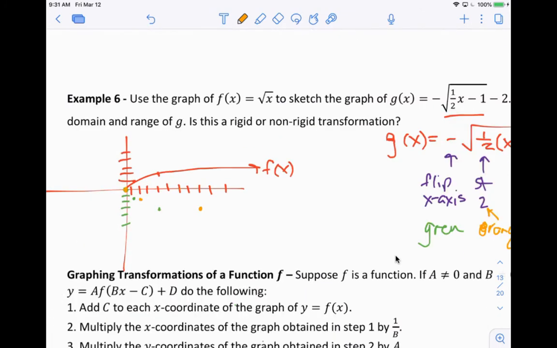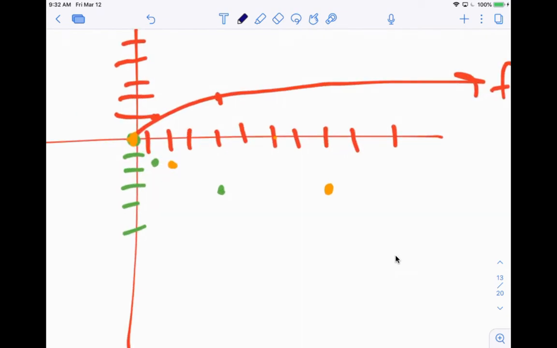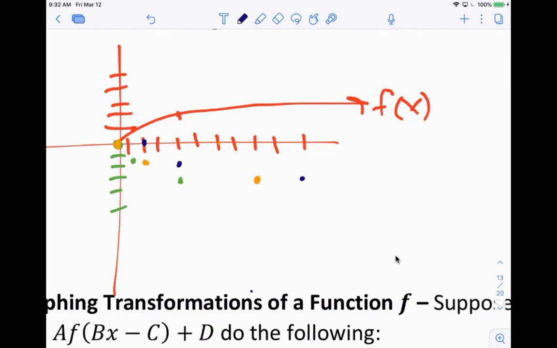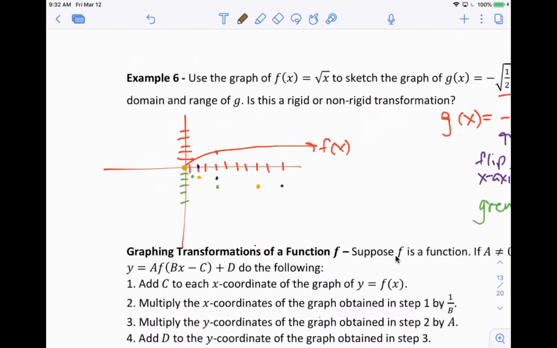Okay, cool. Next up, we'll do this one in blue. Right 2. All those points are now going to go right 2. So 0, 0 finally gets to move. Right 2, right 2, and there's that. And then everything finally is going to move. We'll put it in brown, down 2.